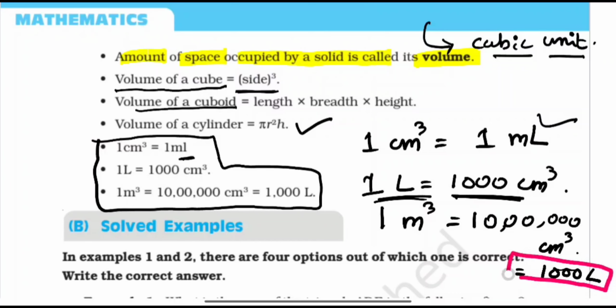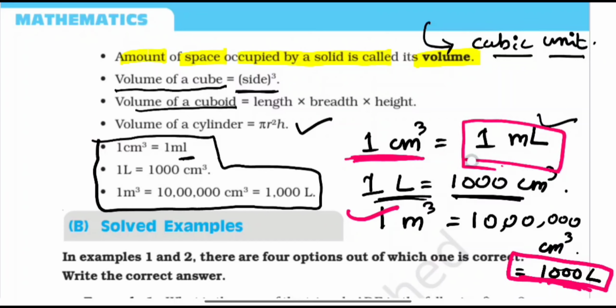So if any solid figure has a volume of 1 meter cube, it can fit 1000 liters of liquid. Clear? If a solid has 1 centimeter cube of volume, it can fit 1 milliliter of liquid within it.